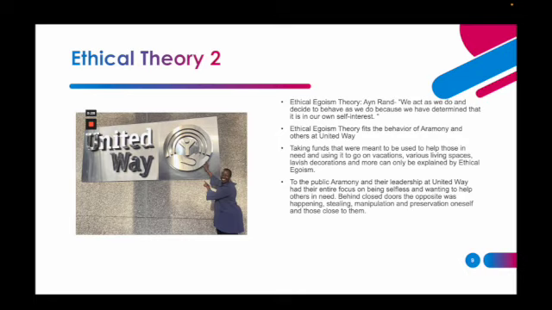They were taking these funds that were meant to be used to help those people in need, and instead they're using it on all these things. So it's very much clear-cut ethical egoism. Behind closed doors, the opposite was happening: stealing, manipulating, and preservation of oneself and those close to him.